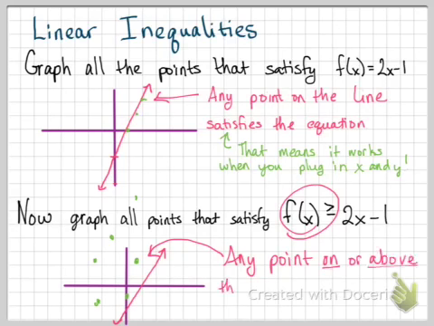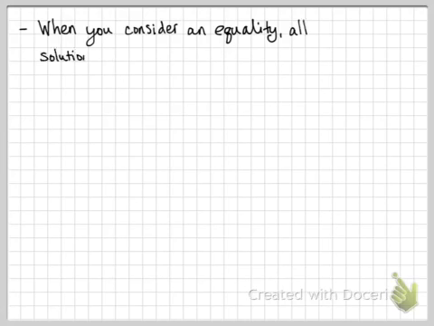Any point that you pick is going to make that inequality true. It's not just restricted to points on the line. So any point above or on the line is going to work in this function. Alright, so when you consider an equality, all solutions fall on the line.